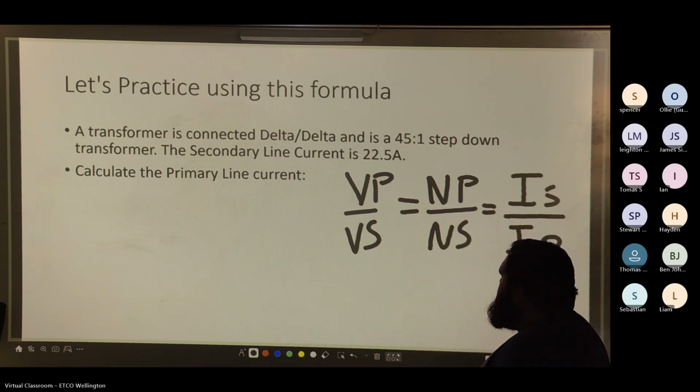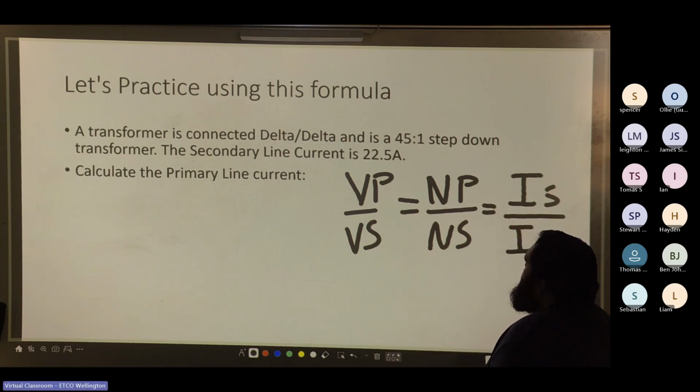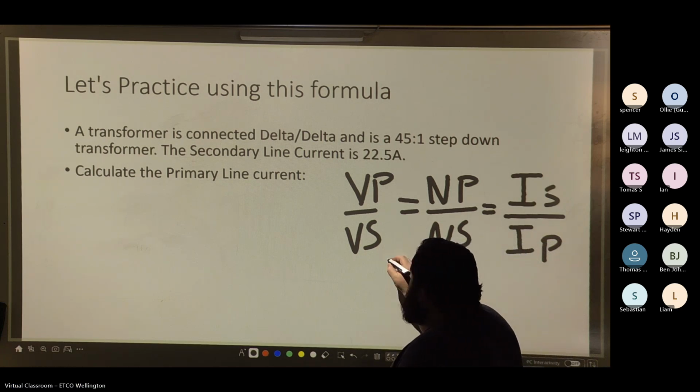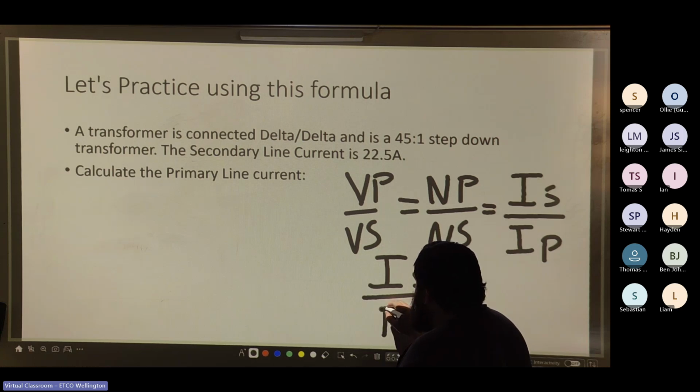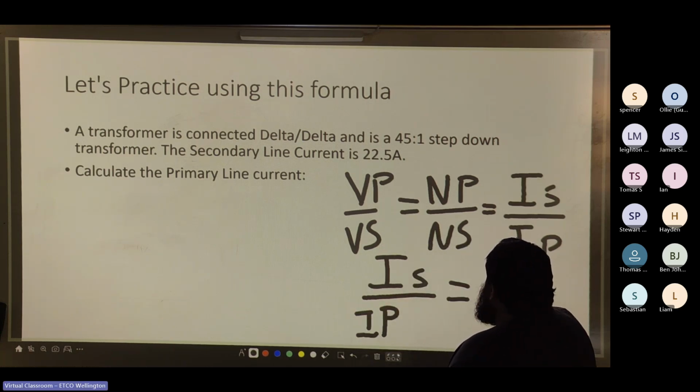Now that we know this, we can take our I secondary and our I primary next to our NP over NS.